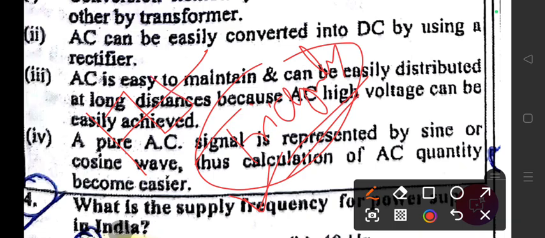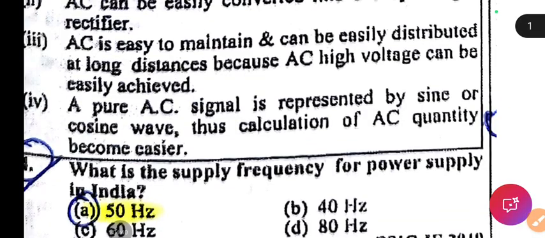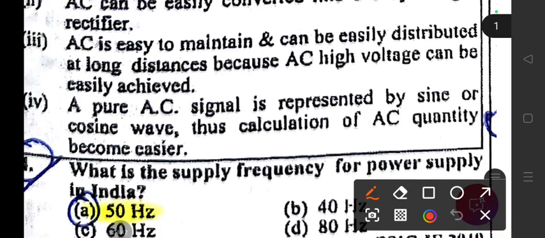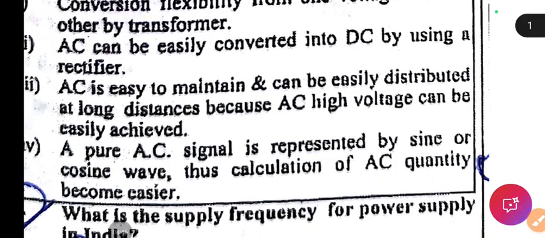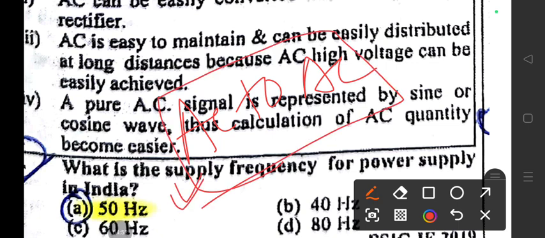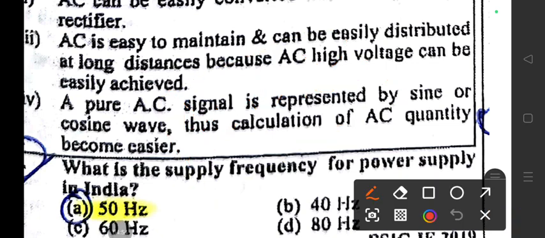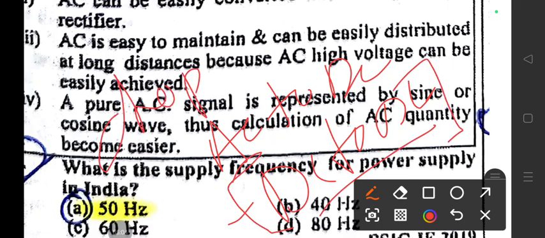According to our demand, we can change or rectify. If I want to convert AC into AC, I use a cycloconverter. Suppose I want to convert AC into DC or DC into DC, then I use a chopper circuit over here.